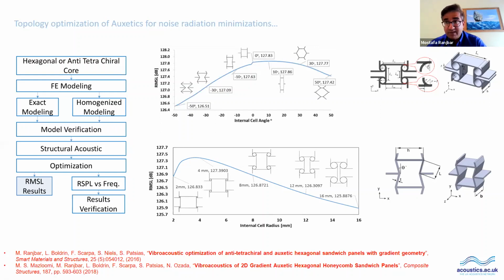We are not changing the material, we are not changing the mass, just changing the internal geometry. So this is an advantage in comparison with composite material. In composite material, you need to change the material, then you need a very complex production and manufacturing approach. But here you are using just one material, although you can use different materials as well. With one material, just changing the internal geometry, you can develop quite a good structure.